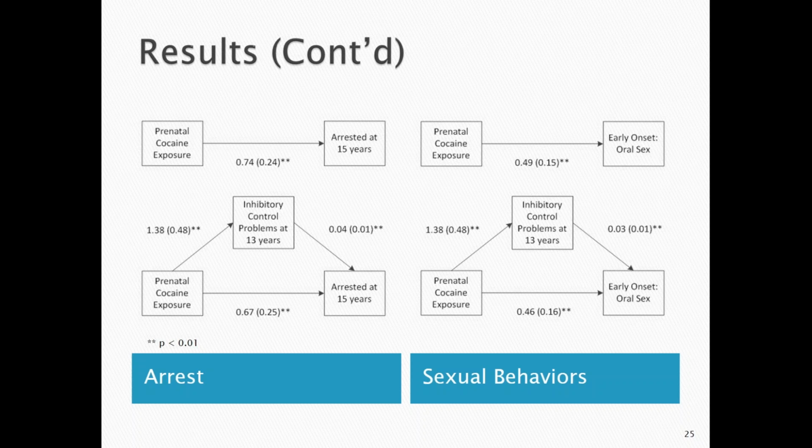And then the bottom diagrams have to do with what if we have that path go through inhibitory control problems? Does that account for all of the direct effect of cocaine exposure on outcome? We found there was some partial mediation, where inhibitory control seemed to explain part of the differences, but it wasn't complete mediation. So there's more that could be looked at there in terms of what's explaining those outcomes.